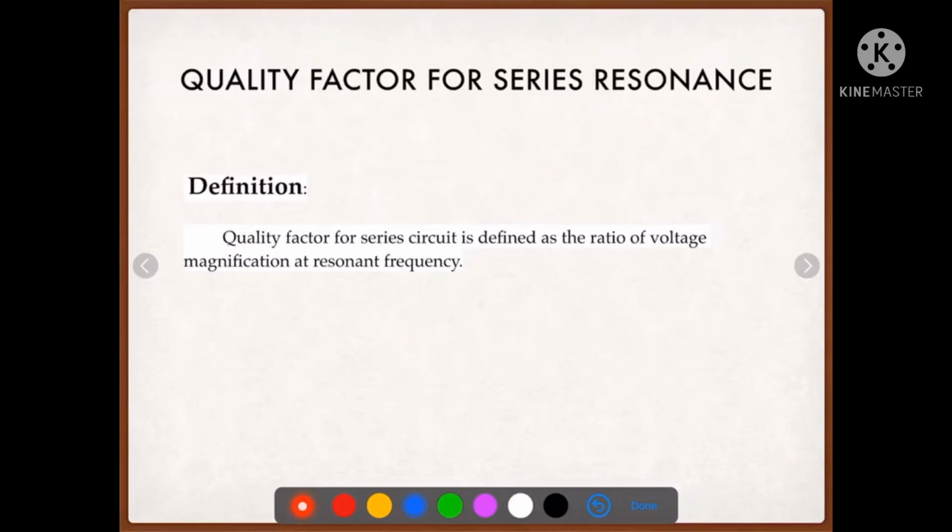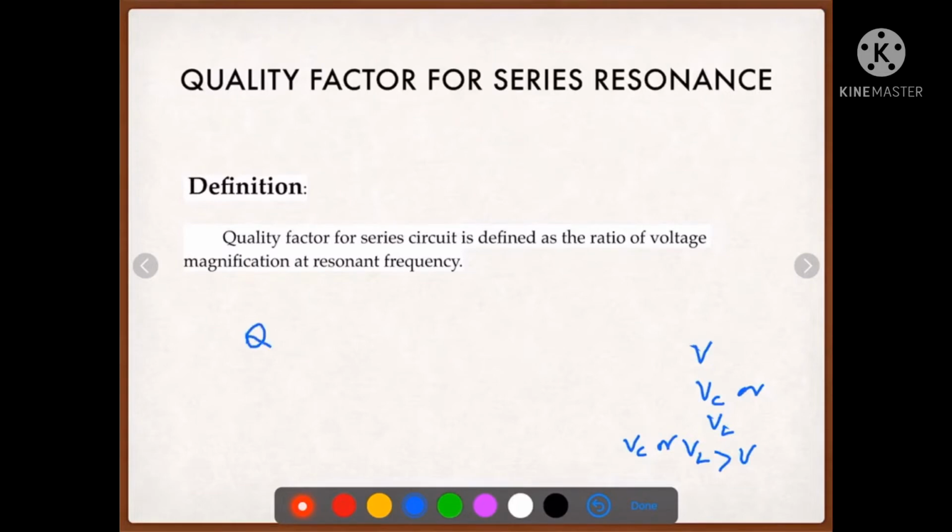If we are supplying V voltage and Vc or VL is the voltage across the capacitor or inductor, then at resonant frequency, Vc or VL is going to be greater than V, the supply voltage. So basically the series resonance circuit is magnifying the voltage. That is why this definition occurs, and it is also known as magnification of voltage.